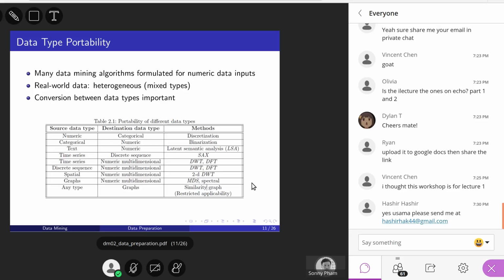And sometimes we would like to convert from one data type to another. Maybe it is more convenient for the analysis, or maybe it is required by a particular data mining method. So for that reason, we have to do the conversion between different data types.